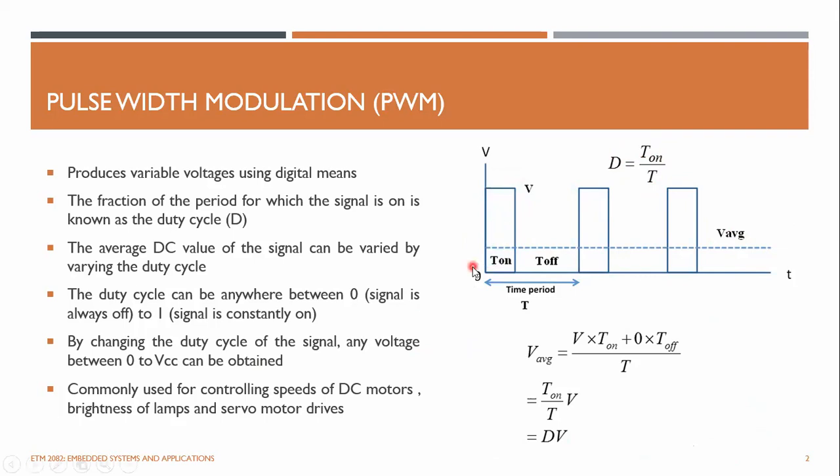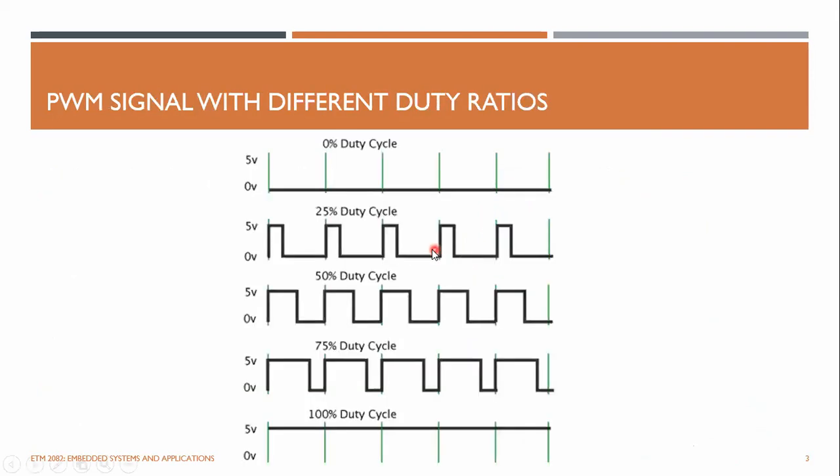We can look at some more examples of how the duty ratio changes. Here you can see 0 duty ratio, which means the average voltage is 0.